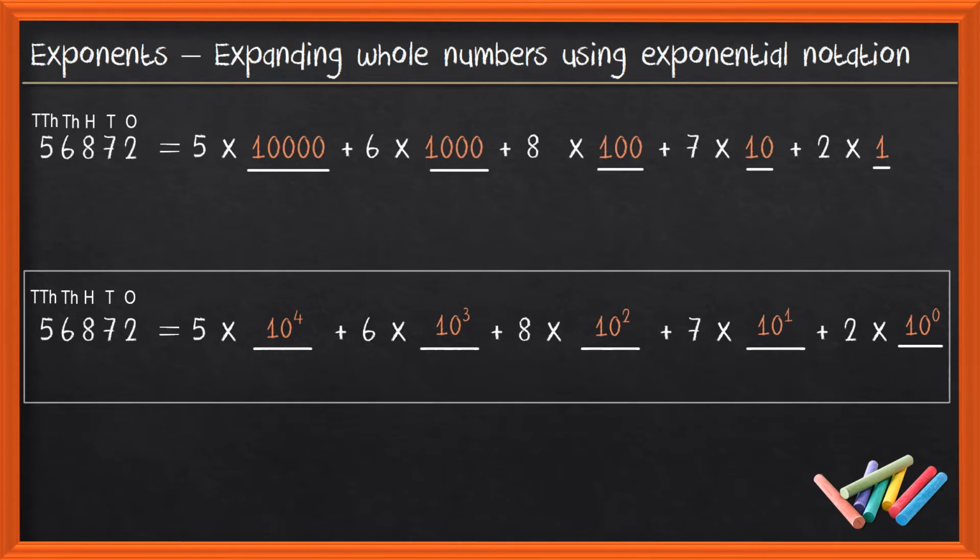Therefore, 56,872 can be expanded using exponential notation as 5 times 10 to the power of 4 plus 6 times 10 to the power of 3 plus 8 times 10 to the power of 2 plus 7 times 10 to the power of 1 plus 2 times 10 to the power of 0.